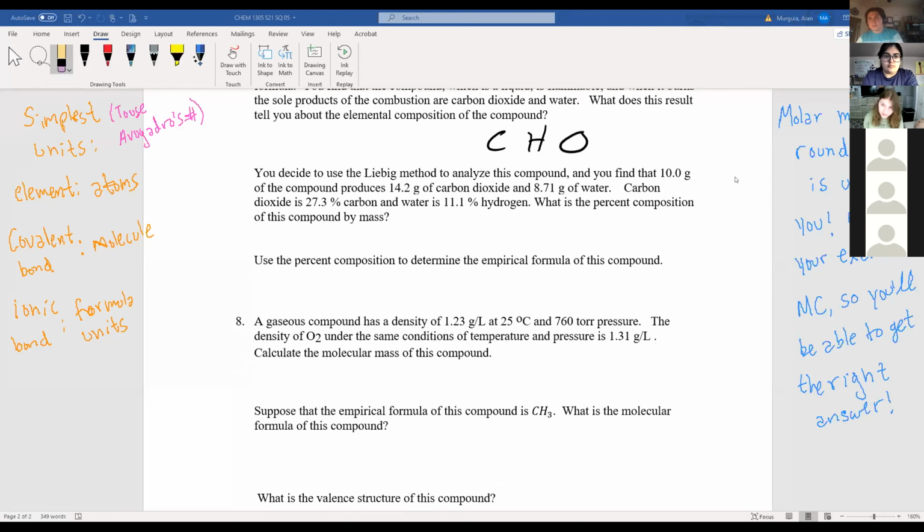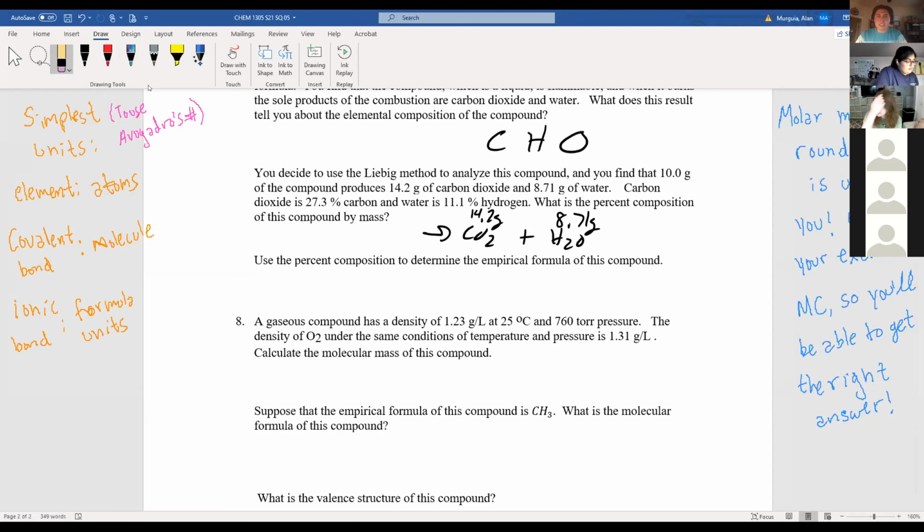So let's start off by doing this. Let's write out the reaction that we get. So let's start off with our products, and that's really all we have here, where we have 14.2 grams of CO2. Oh, let me rewrite that, sorry. We have 14.2 grams of CO2, and we have 8.71 grams of water.